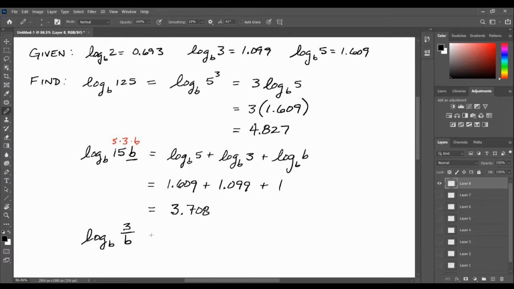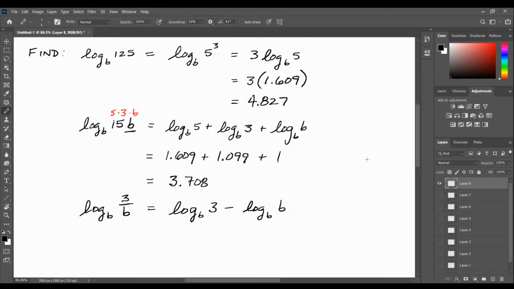I see a quotient within the logarithm, so maybe I'll use quotient rule, which is log base b of the numerator minus log base b of the denominator. I see 0.099 is a possible answer in the comments, so let's keep going.